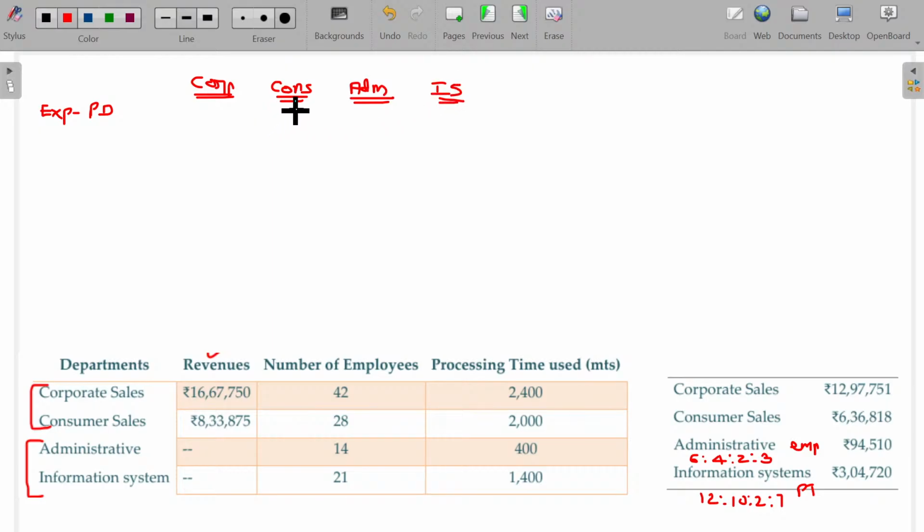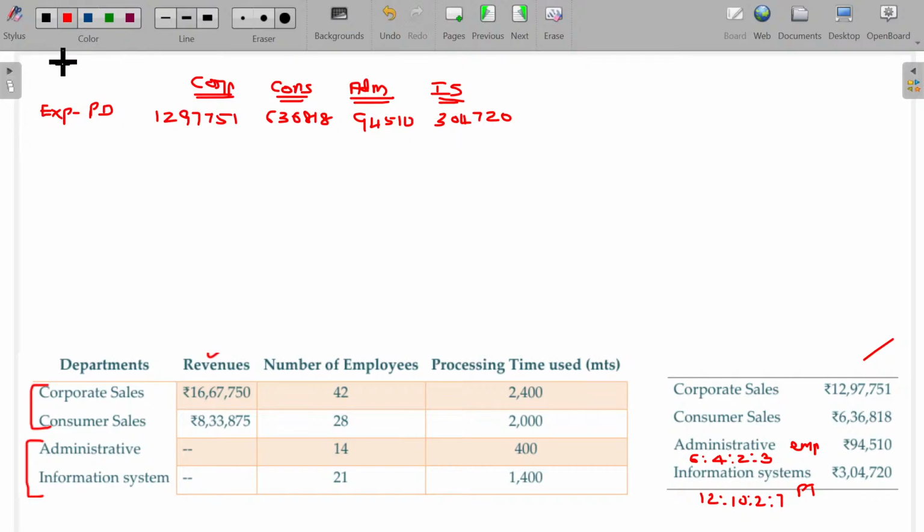Is that okay? The values are this much: 12 lakhs 97,751, 6 lakhs 36,818, 94,510, 3 lakhs 4,720.